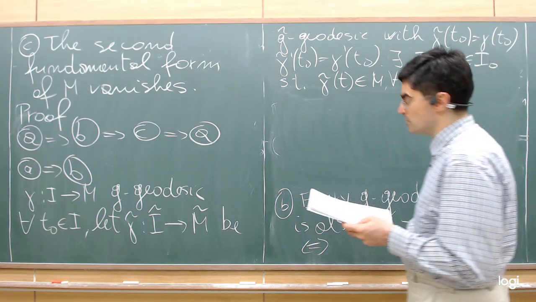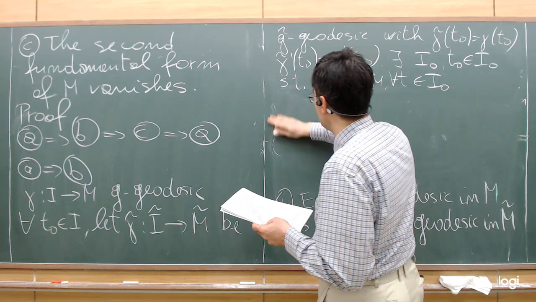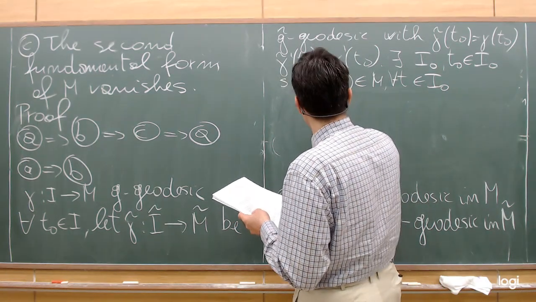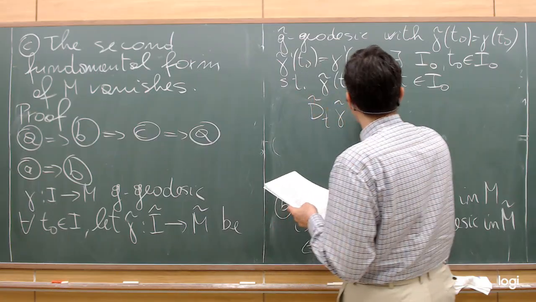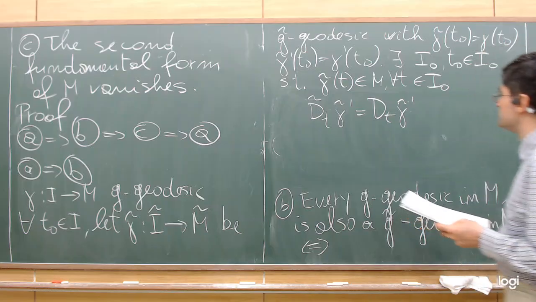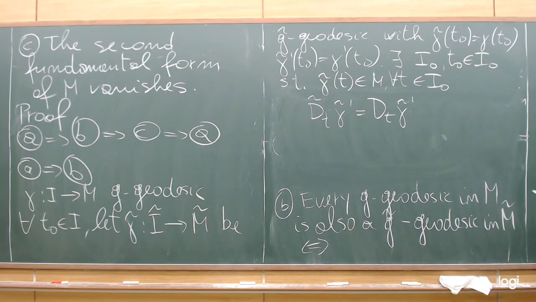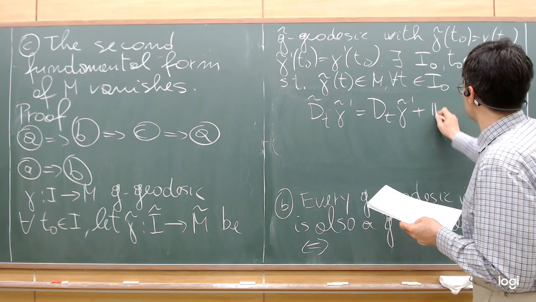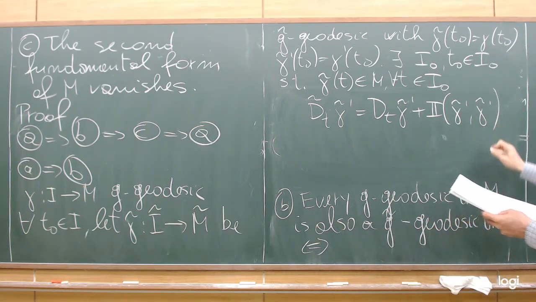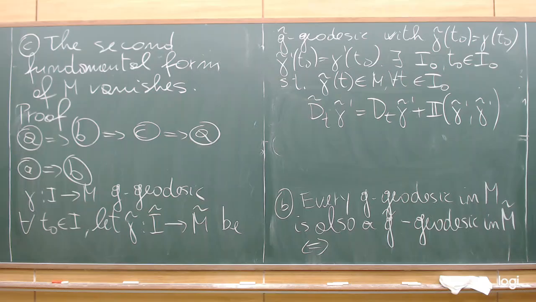Then I can use the Gauss formula, which says that D tilde t of gamma tilde prime is Dt gamma tilde prime plus II gamma tilde prime gamma tilde prime.